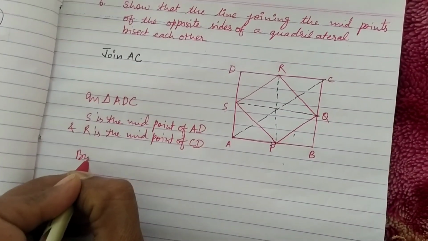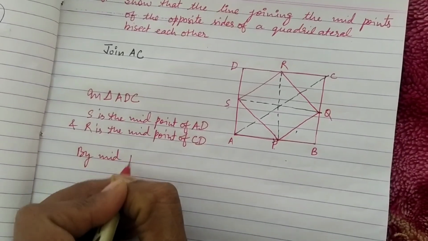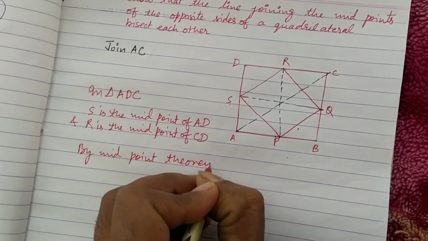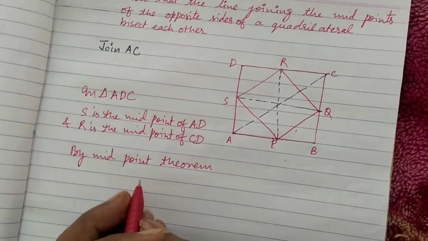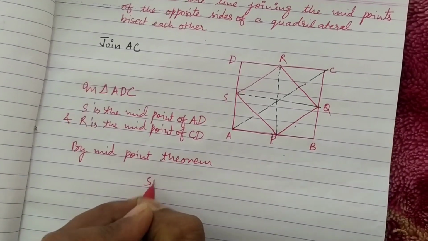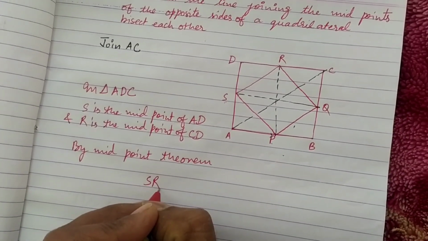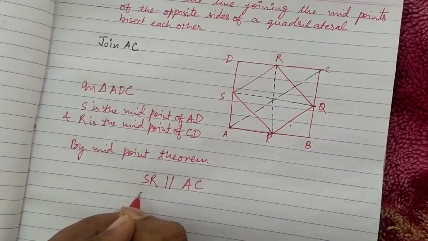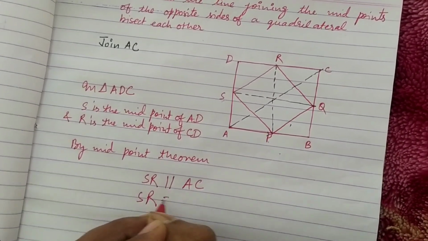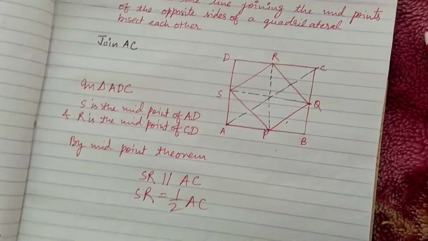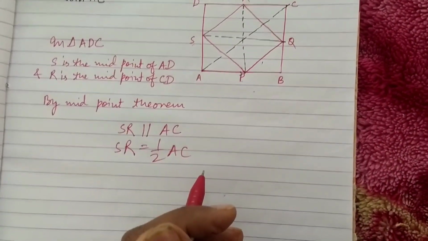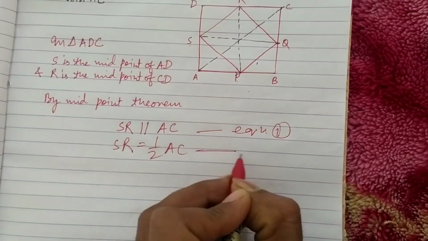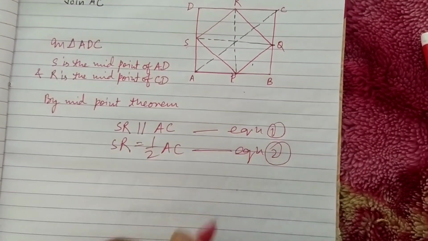So by midpoint theorem, SR will be parallel to AC and SR will be half of AC by midpoint theorem. Make it equation number 1, equation number 2.